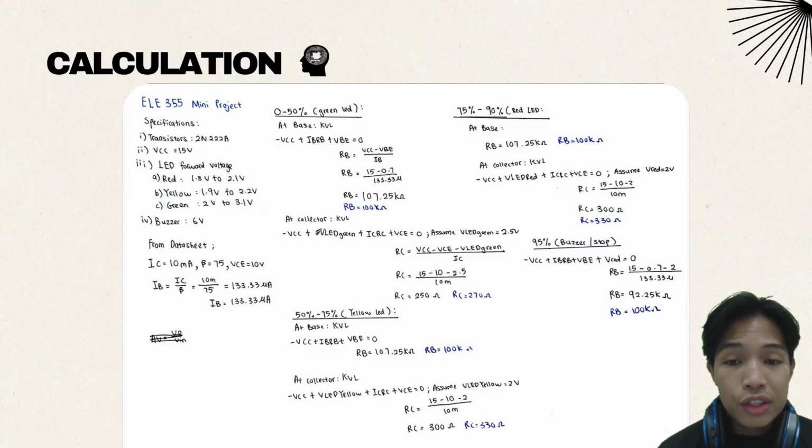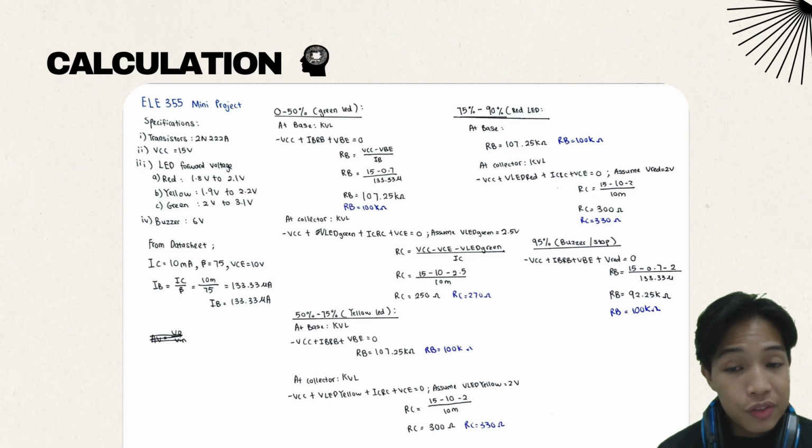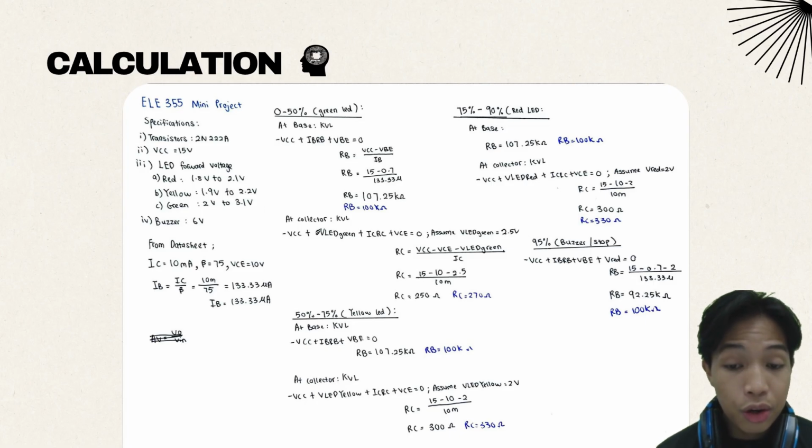For 0 to 50%, the green LED part, we use KVL, negative VCC plus IBRB plus VBE, and from that we get the base resistor at 107.25 kilo ohm. But then we change it into the E12 series. At the collector, the RC is 250, E12 series is 270 ohm.